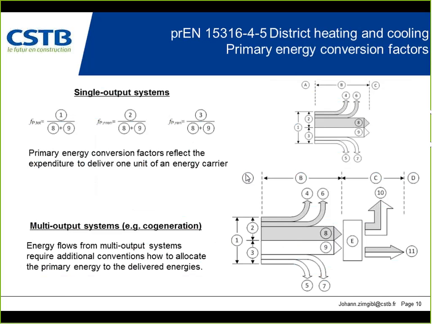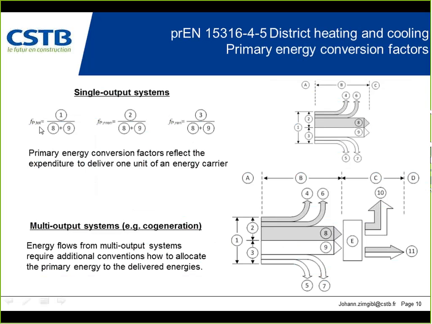And now, okay, very shortly, because I'm a little bit over time, you will see here that we have also something very important in the district heating standard, which is linked to the primary energy factors. You may know we distinguish, this is also linked to 15603, but we have it also in our district heating standards.